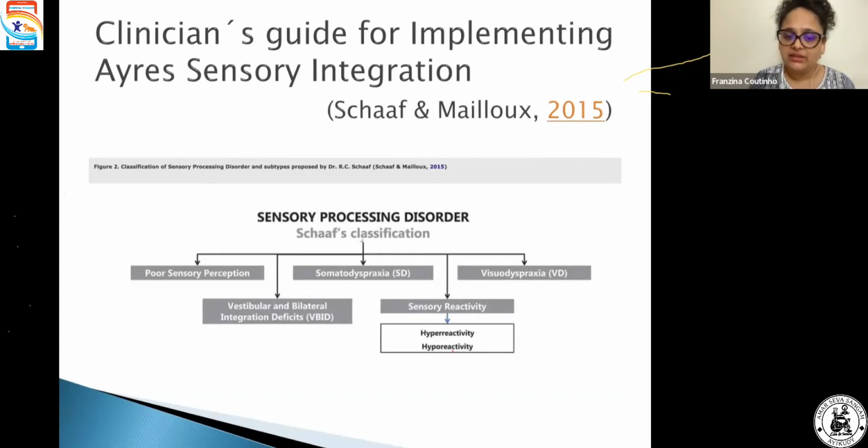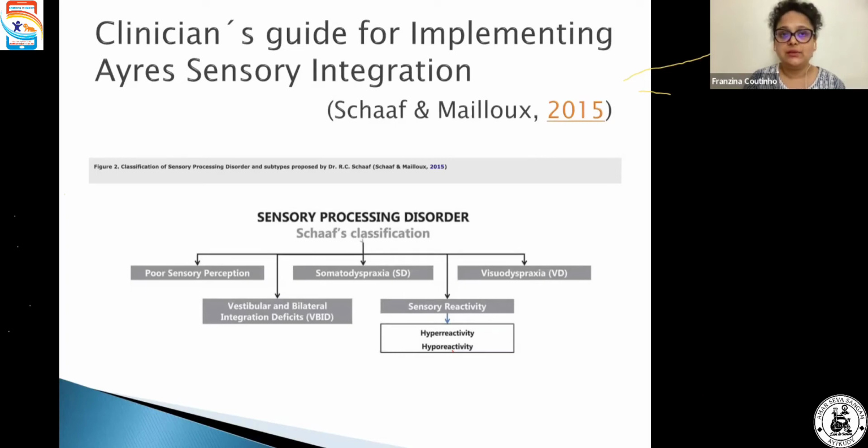Vestibular and bilateral integrative, VBID. So balance, equilibrium, and using both sides of the body are difficult in this group of people. Somatodyspraxia: sensory and motor performance is affected in people who have somatodyspraxia. So they might apply excessive pressure while writing. That's a very basic and simple example.